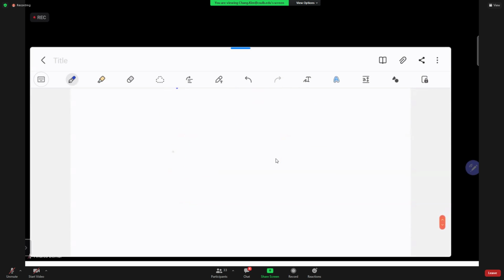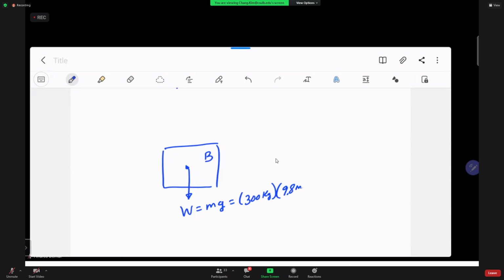Okay. And for the block B, and this guy, the weight is equal to mg, which is 300 kilo, and the g is 9.8 meter per second square. And this guy will be 3 times, that's going to be 2940 Newton acting downward.